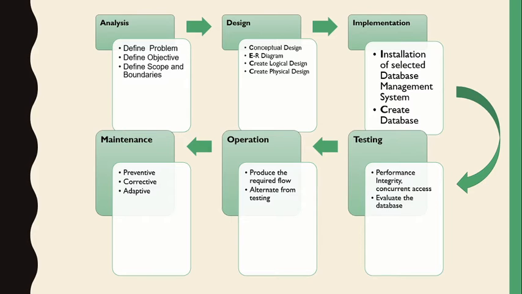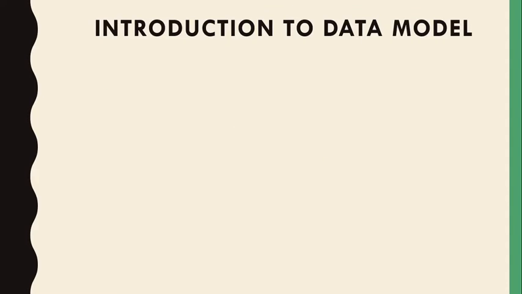Adaptive maintenance means changing the performance of the database, the different functionings in a DBMS. These are the phases of the database design process: first analysis, design, implementation, then testing, operations, and the maintenance phase.